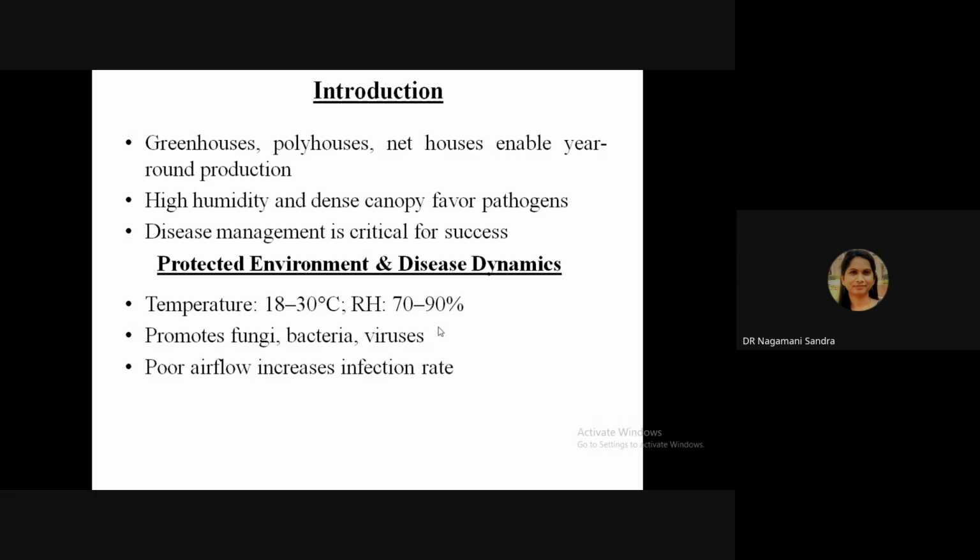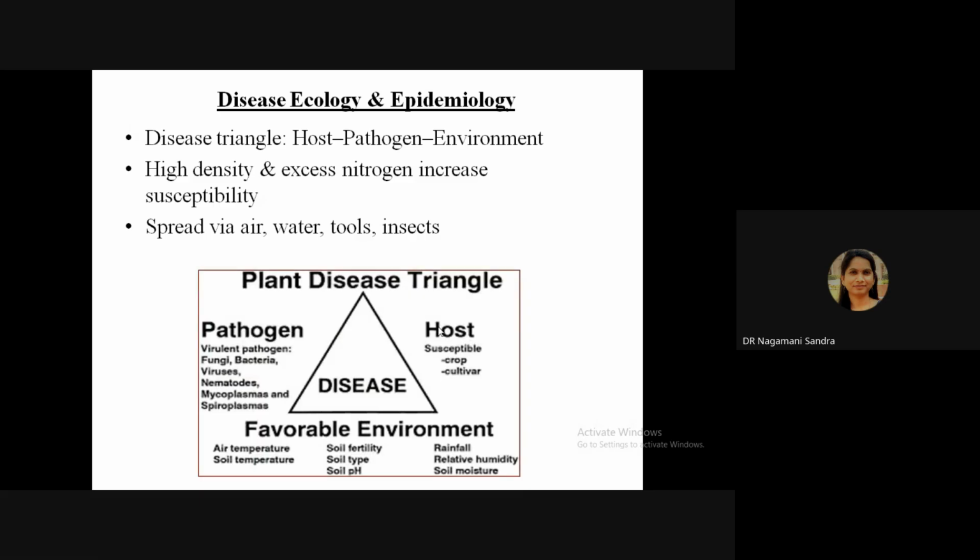Under protected cultivation, we maintain the temperature from 18 to 30 degrees centigrade and relative humidity of 70 to 90%. Because of poor airflow and this humidity, we observe major diseases like fungal, bacterial and viral diseases.